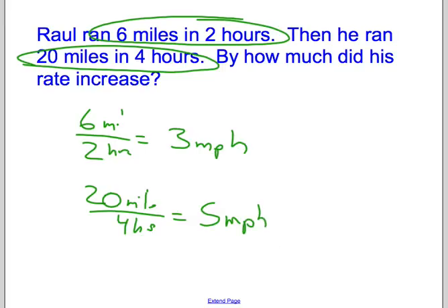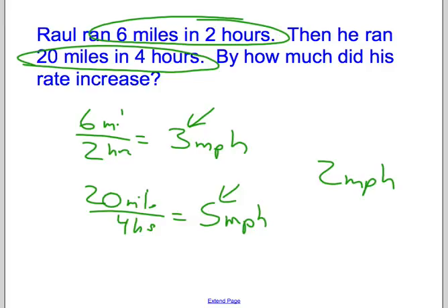So he was going this speed, and now he's going this speed. So Kenny, how much did his rate increase? I don't know. Kenny, stick with me here. You can do this. He was going this fast, now he's going this fast. 2 miles. 2 miles an hour. So his rate increased by 2 miles per hour. That's all it's asking for on that one.